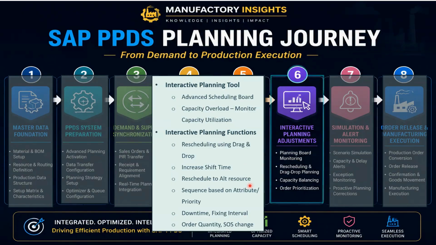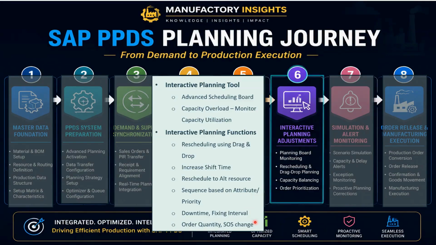There are also options to schedule the orders based on priority or with certain attributes. And the user can also include downtime for the resource or fixing intervals, and even change the order quantity and switch the source of supply. All these options are available interactively for the planner to get their executable plan.